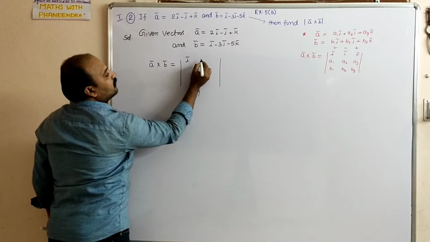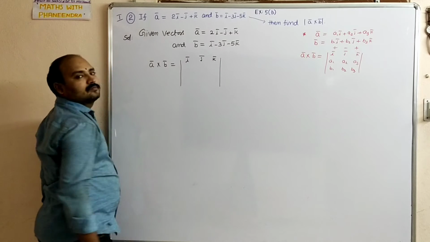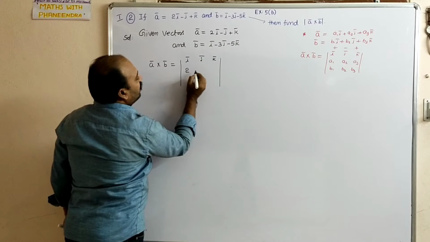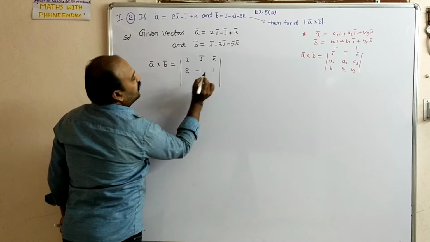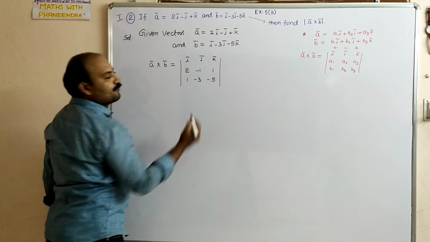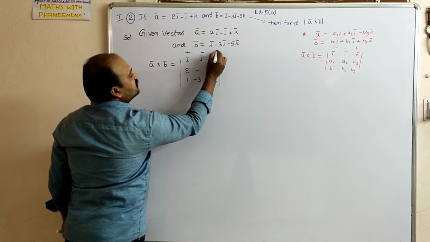So i bar, j bar and k bar. a bar components 2, minus 1, 1. b bar components 1, minus 3, minus 5. So here plus, minus, plus.